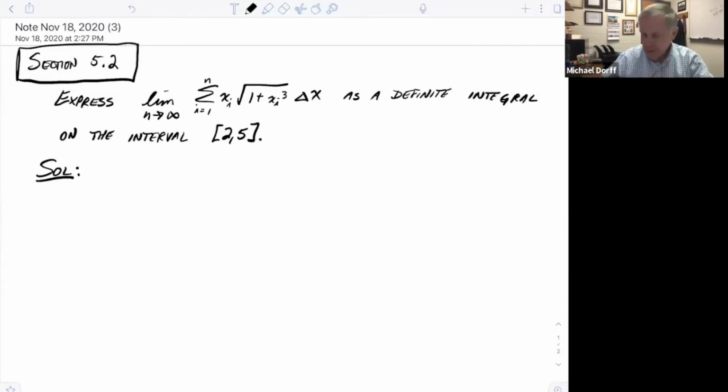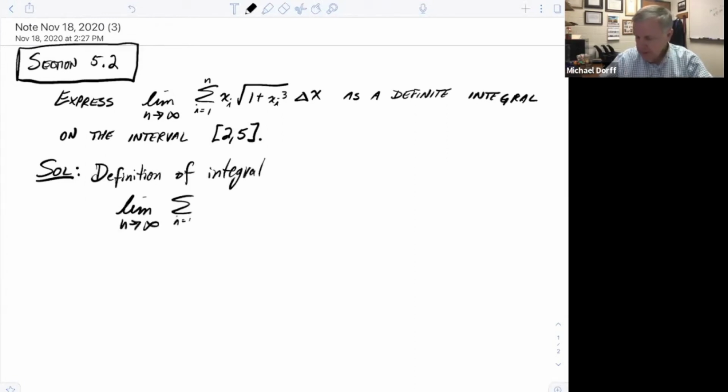So the first thing we need to know here is the definition of the integral. That says the limit as n goes to infinity of the sum, i equals 1 to n, of f of x sub i delta x equals the integral from a to b of f of x dx.